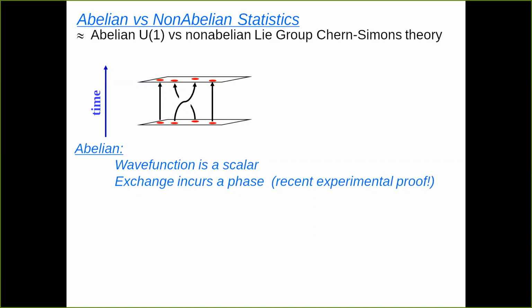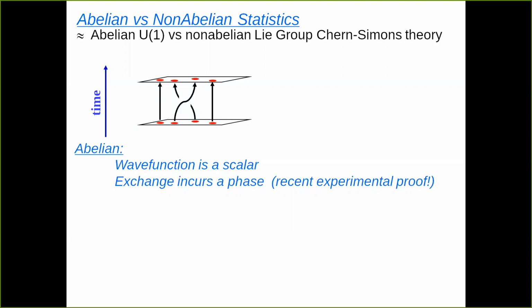Incidentally, just a side comment: for the simplest fractional quantum Hall state, the nu equals 1/3 state, the Laughlin state, the prediction that exchanging 2 of these quasi-particles should give you a fractional phase was made in 1984. The entire theoretical community believed it immediately, and it is only this year that there's been a really convincing experimental proof of that statement. They now have a fairly convincing experimental proof of that, as far as I can tell.